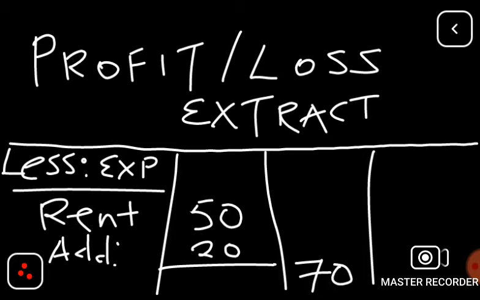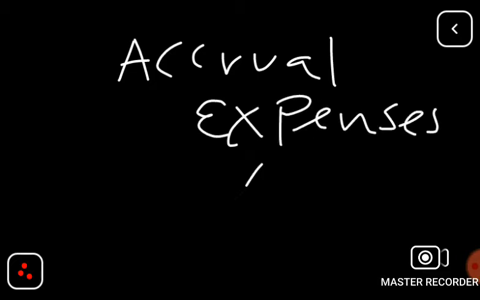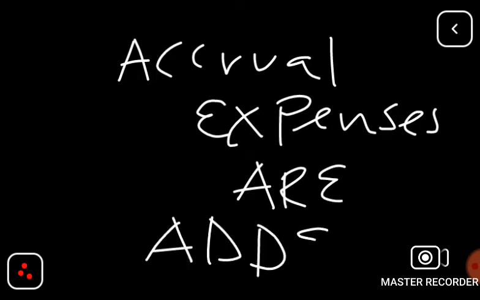You have to add the two and you get 70 kwacha. So in short, we can say accrual expenses are added.